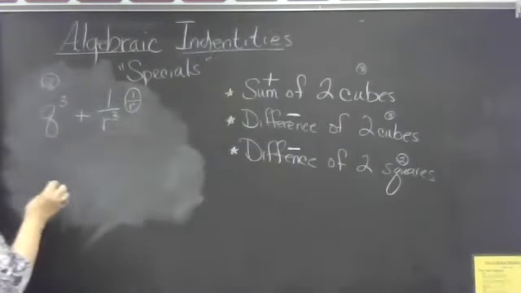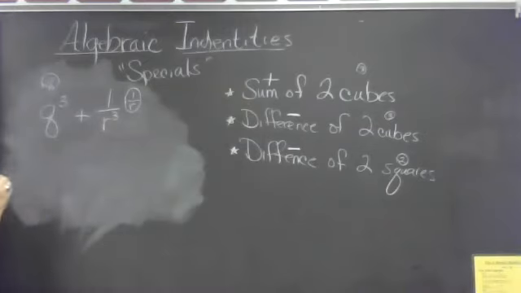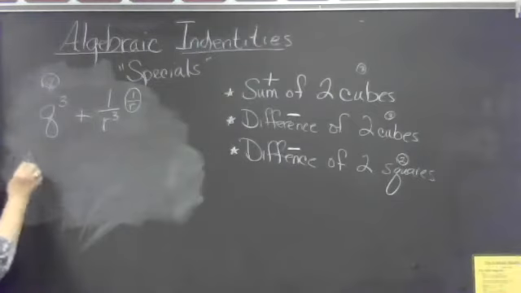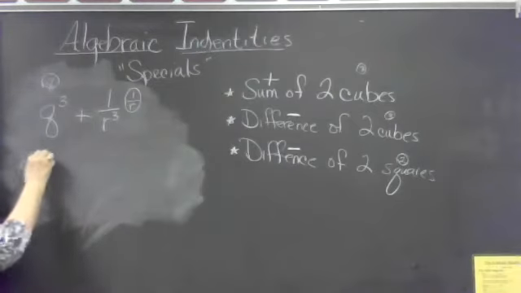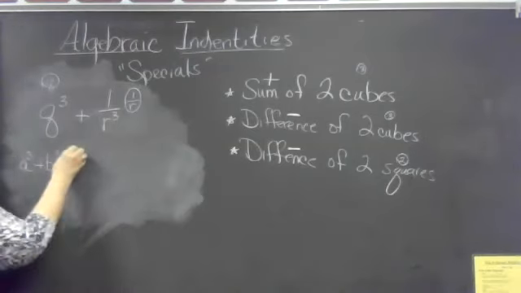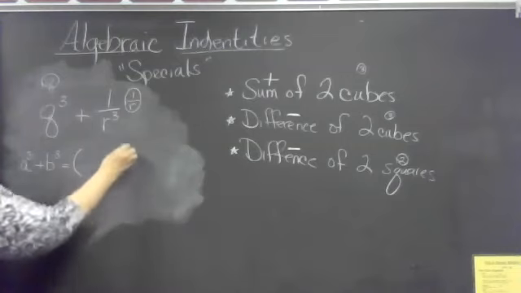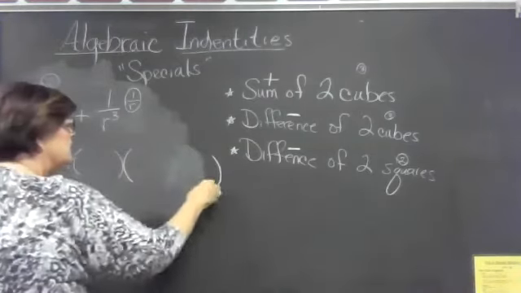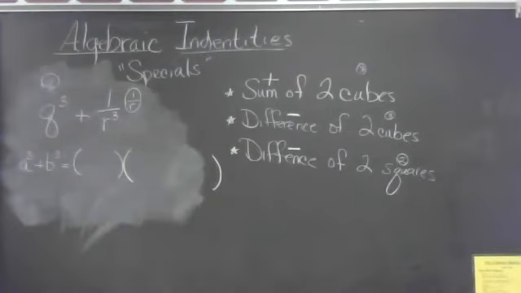Now, I'm going to write the pattern down for you first. On your reference sheet, it says, if you have A cubed plus B cubed, if you've done all your tests and it fits this pattern, then this is how you factor it. You have a short parentheses and a long parentheses.